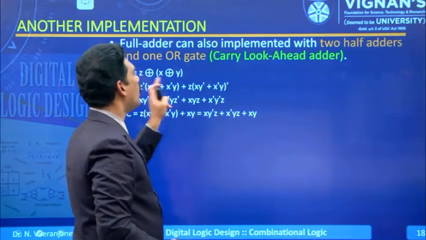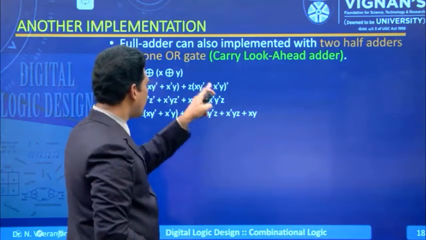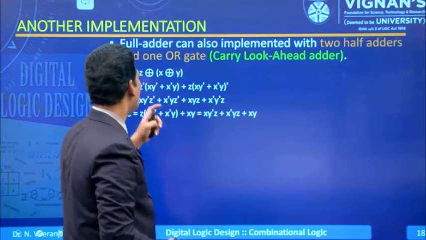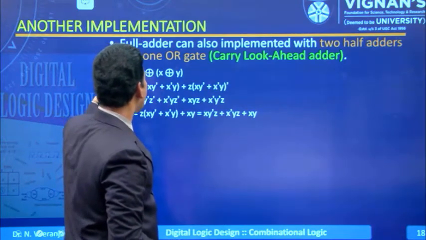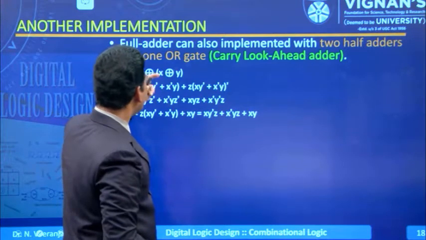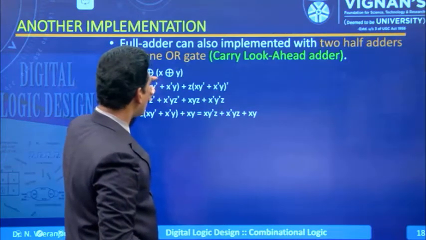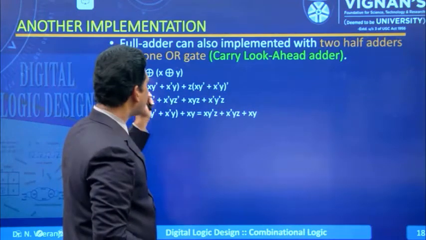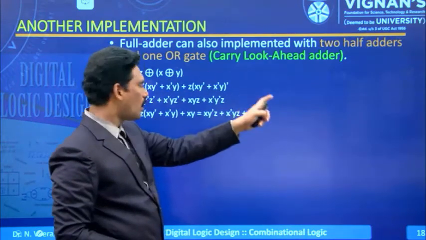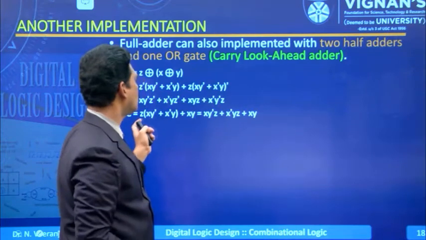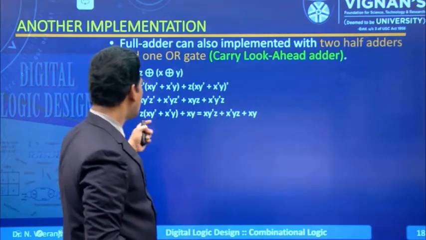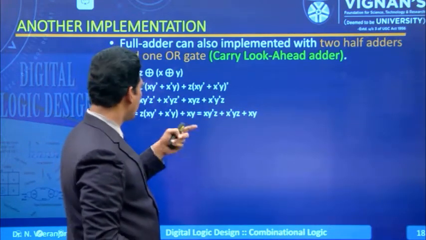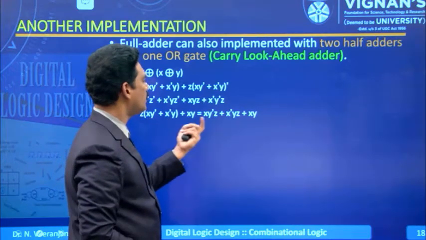This is in the form of exclusive OR, so it can be expressed as S is equal to X exclusive OR Y exclusive OR Z, and C is equal to the simplified expression XY plus XZ plus YZ.